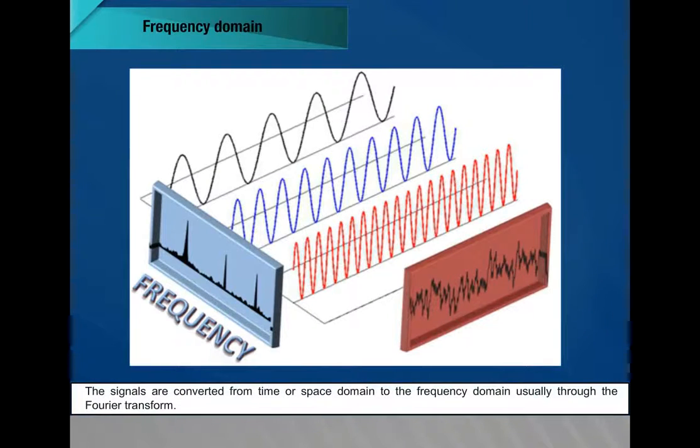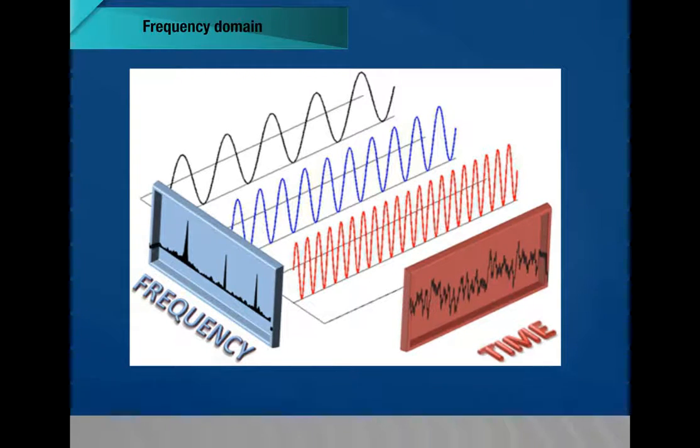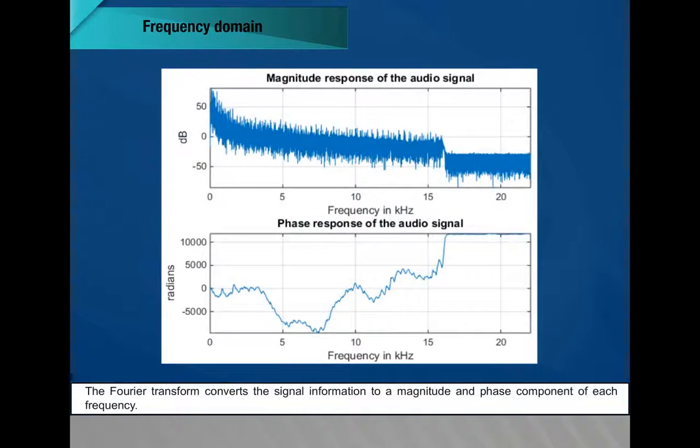Frequency domain. The signals are converted from time or space domain to the frequency domain, usually through the Fourier transform. The Fourier transform converts the signal information to a magnitude and phase component of each frequency. Z-plane analysis.